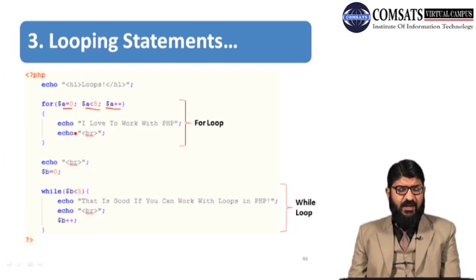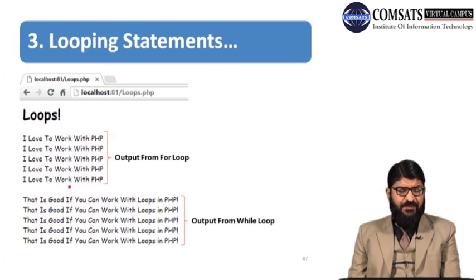Here the echo statement runs until the value is equal to 5 or less than 5. The second one is the while loop, where the condition is matched. Until the condition is true, it is going to print this. The next is the output. See the output for the for loop and the output for the while loop.